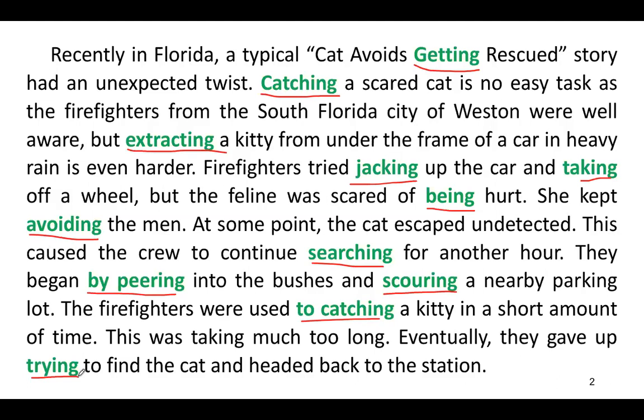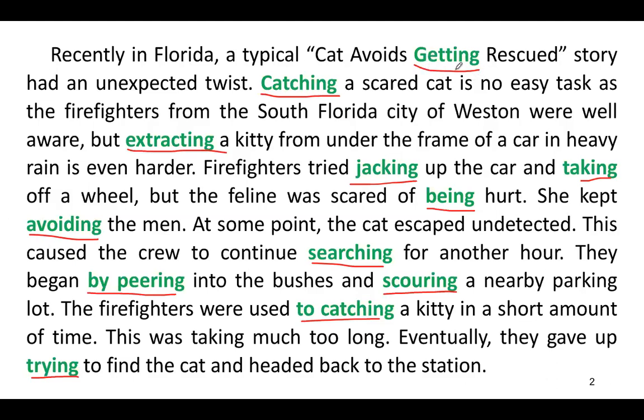Now the ing here, when we add it to the verb, is no more a verb. It becomes a noun, functioning like a noun. So you can use it as a subject, as an object of the verb, complement of the verb, as an object of a preposition, and so on and so forth, as we are going to see in the later details. So all of these are gerund forms.